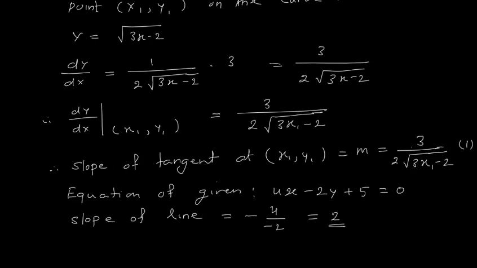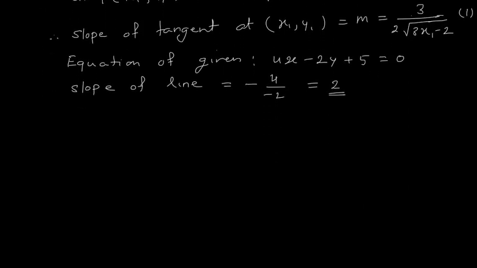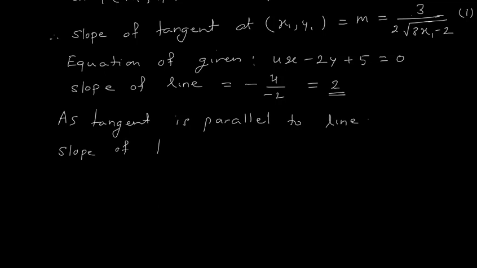Now as the tangent is parallel to the line, we have the slope of tangent equal to the slope of line.